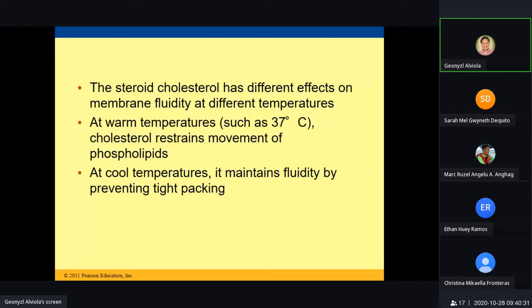Because of these compounds, we don't transform immediately, we don't dry up easily. So this cholesterol will help the cell stay intact even though the temperature is 37. At cool temperatures, it maintains fluidity by preventing tight packing.